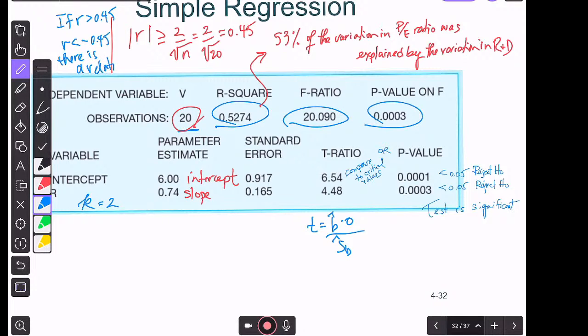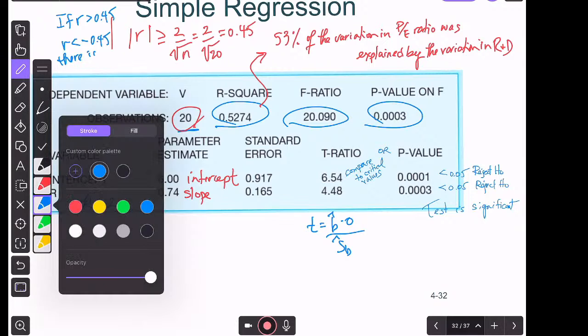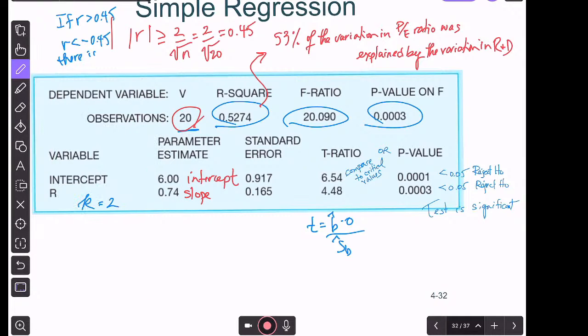But where's the R? How do we find the R? Anybody know? I have R squared.